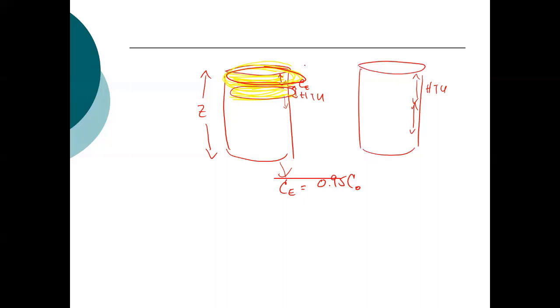So in this column, I'll get much more efficient removal than I will in the column on the right. In order to get the same level of removal, I have to have a much taller column. So what you really want is as small a height of a transfer unit as you can achieve. That's an efficient column. It's also more difficult to regenerate, but it's a more efficient removal.